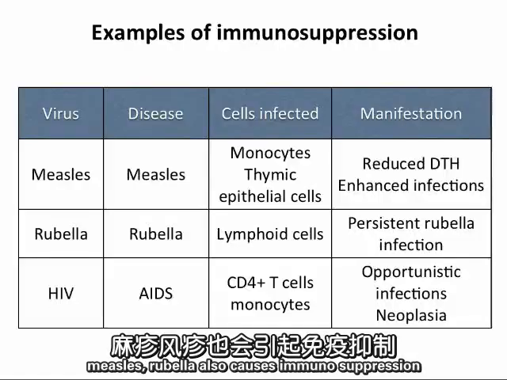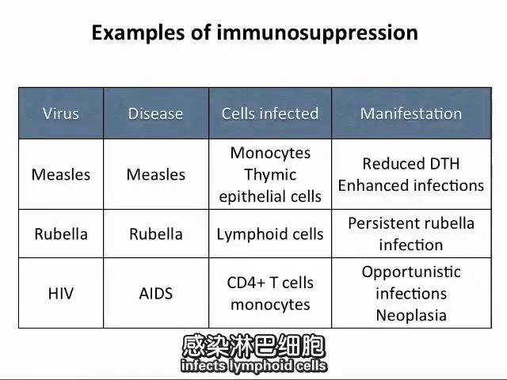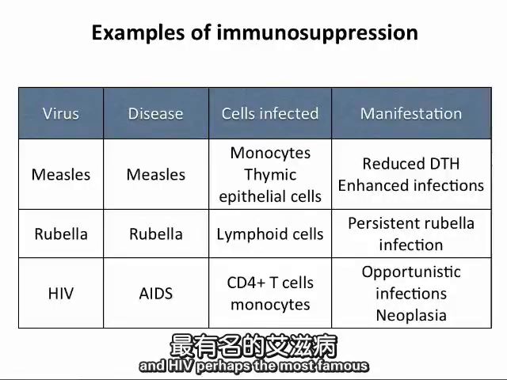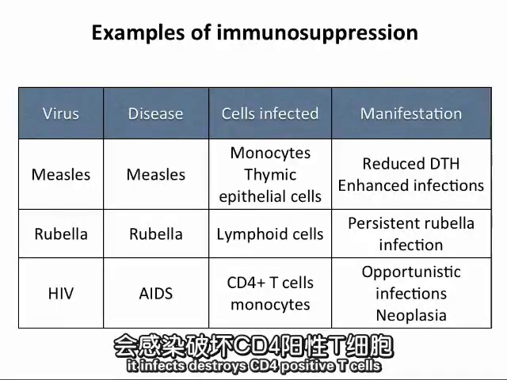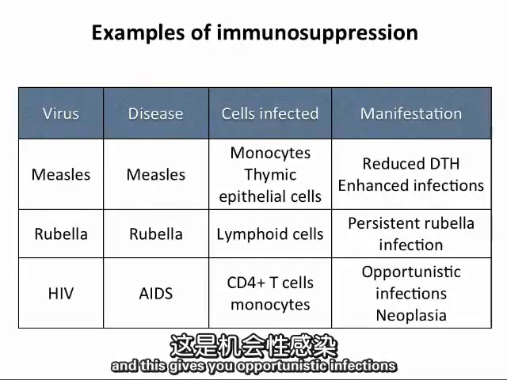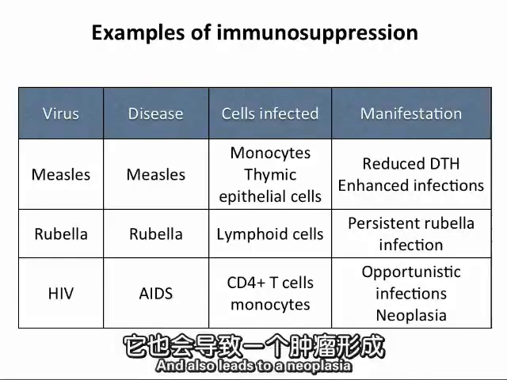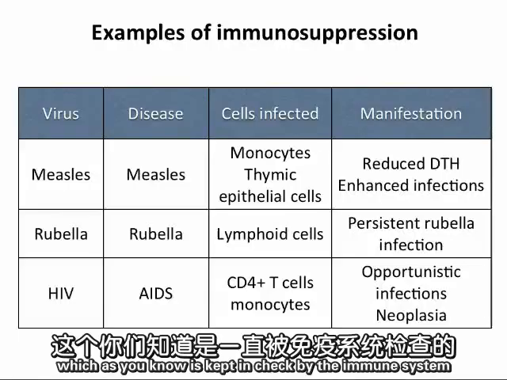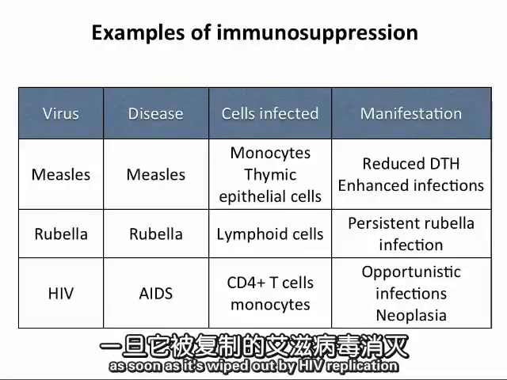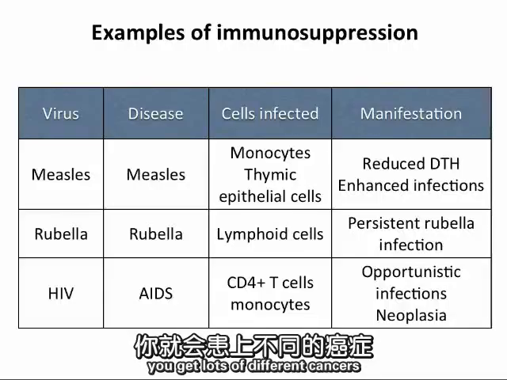Rubella also causes immunosuppression, infects lymphoid cells, and HIV, perhaps the most famous, infects and destroys CD4 positive T cells. And this gives you opportunistic infections which uninfected people normally don't obtain. And it also leads to neoplasia, which, as you know, is kept in check by the immune system. As soon as it's wiped out by HIV replication, you get lots of different cancers.